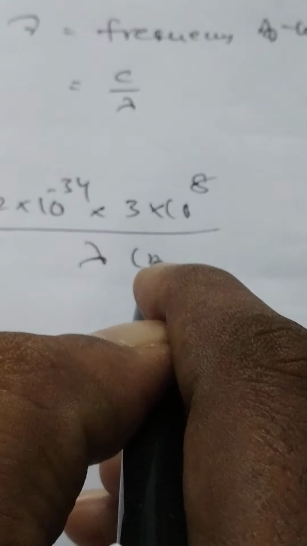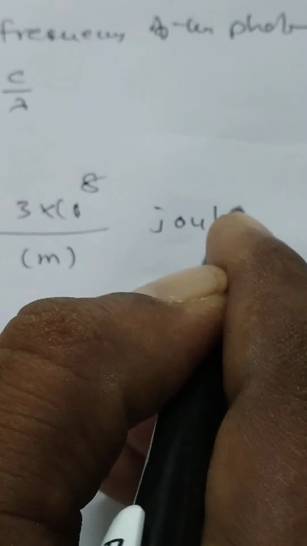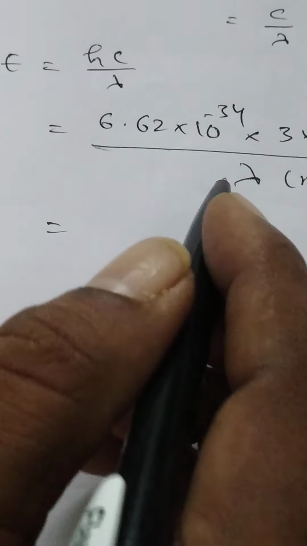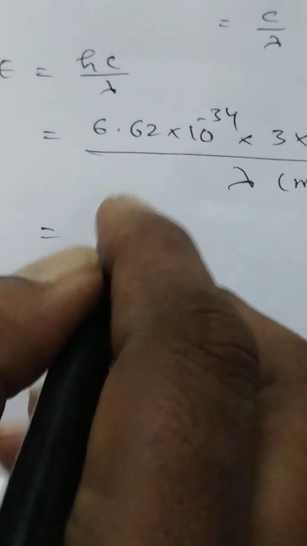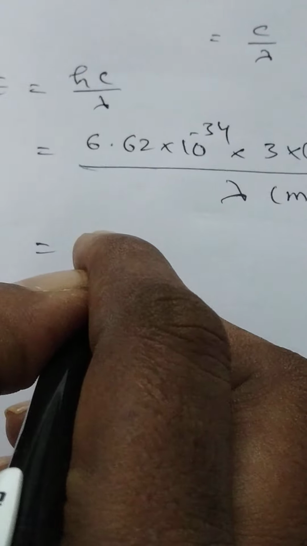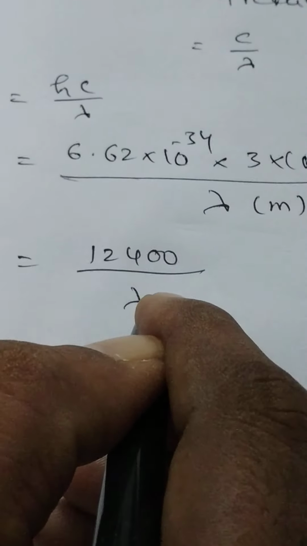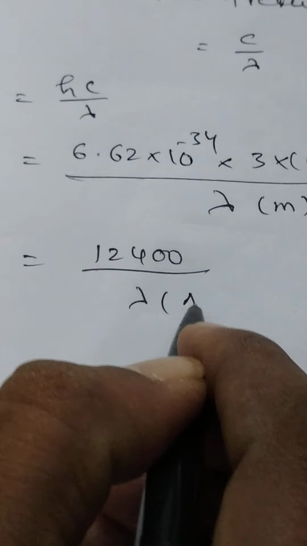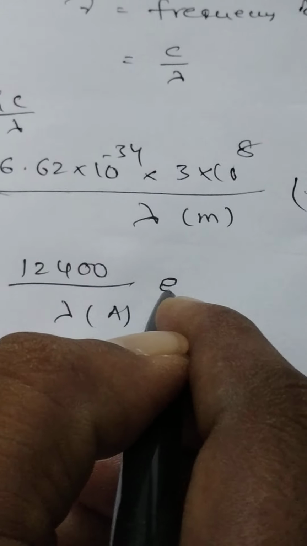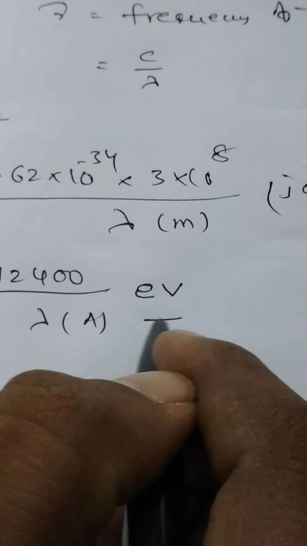If lambda is represented in meters, the energy will be obtained in joules. On multiplying this out, the total expression is nearly 12,400 by lambda, where lambda is represented in angstrom units and the total E value is in electron volts.